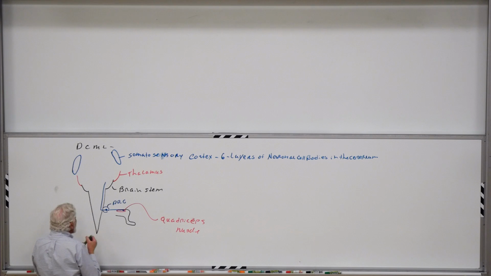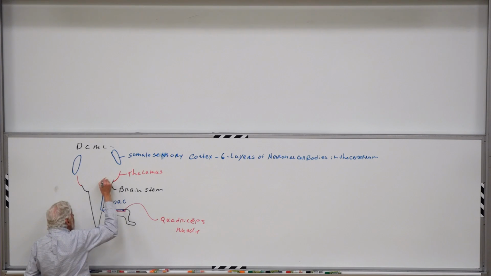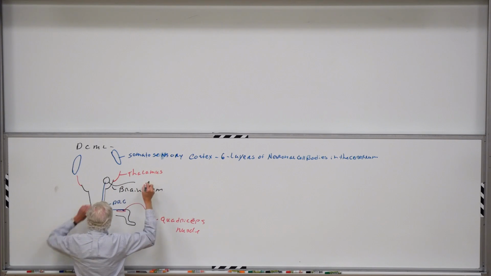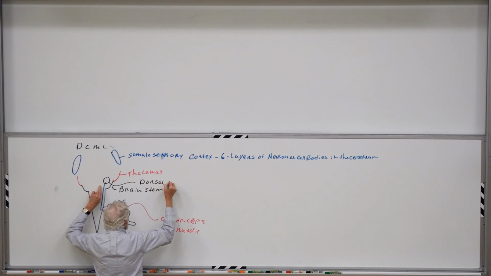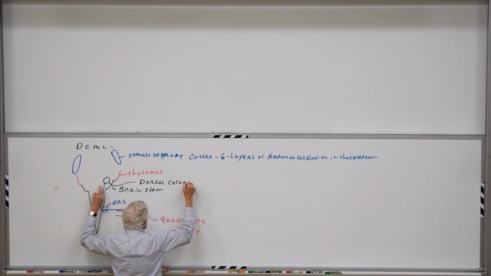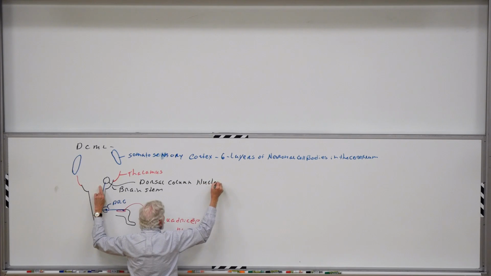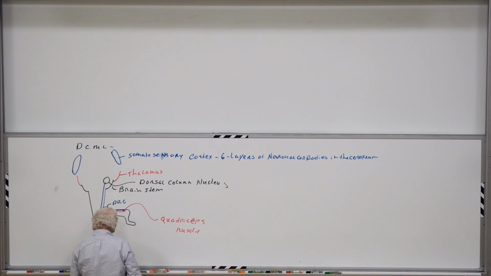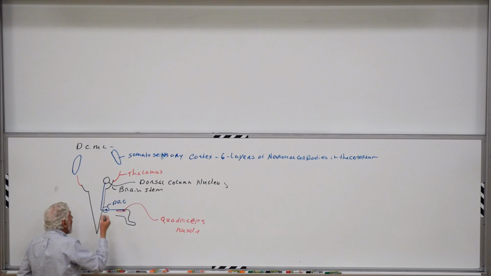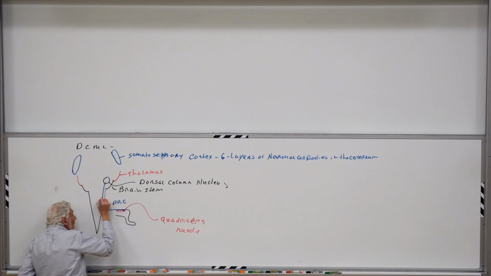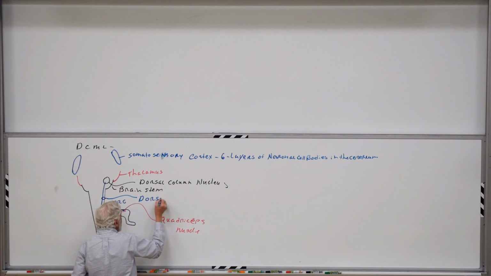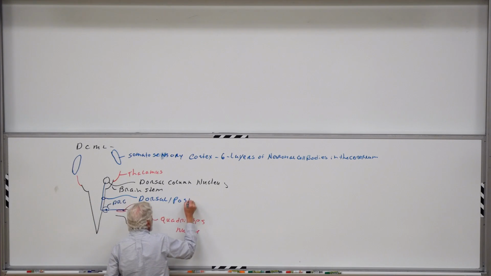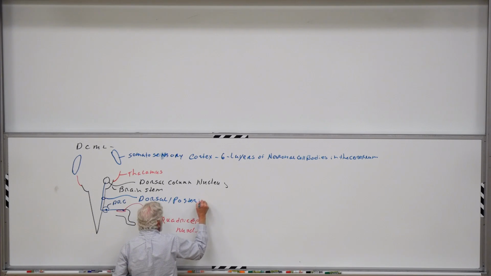And we said that there was a region in the brainstem where there was a cluster or a grouping of neuronal cell bodies. And this cluster or grouping was known as the dorsal column nucleus. And we said that the pathway that this conductor region was located in was said to be the dorsal or posterior column.